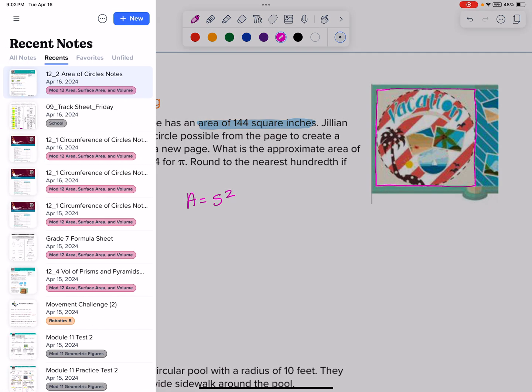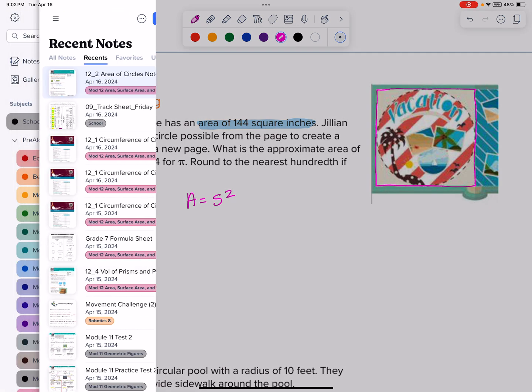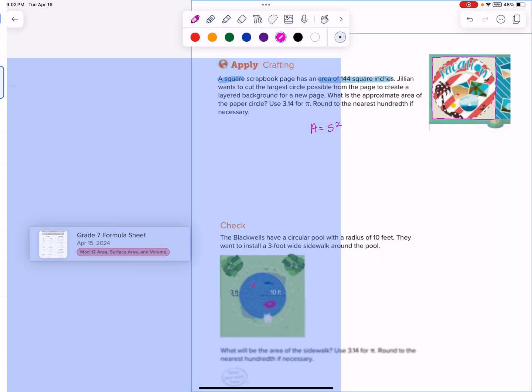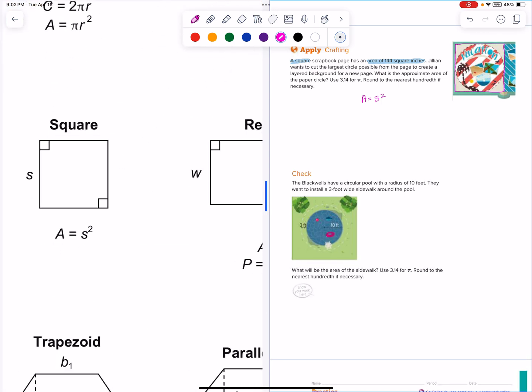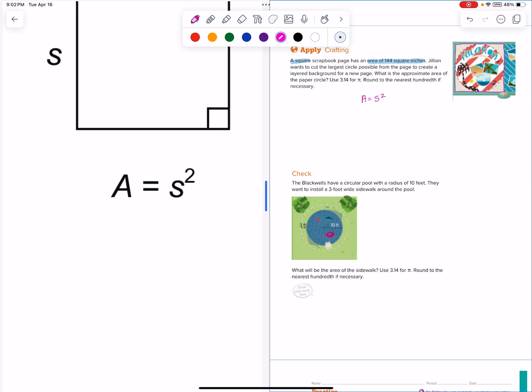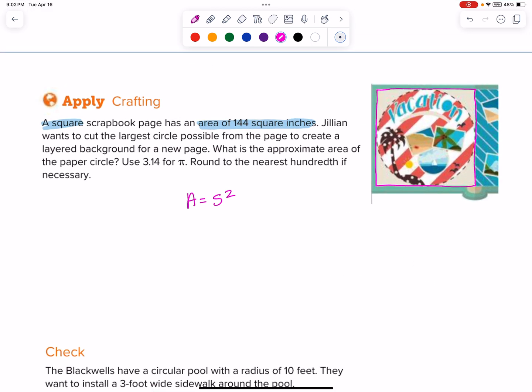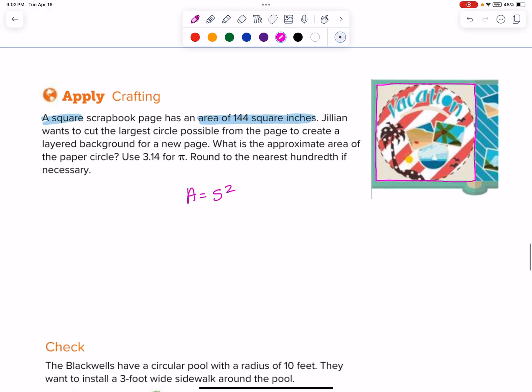I'm actually going to grab the formula sheet here, if it'll allow me to grab it. If you look at area of a square, you can see they're using area equals s squared, or side times side, really. So we can just go ahead and figure this out.